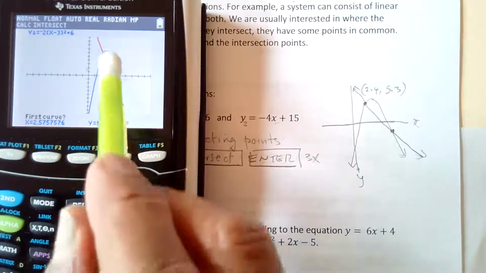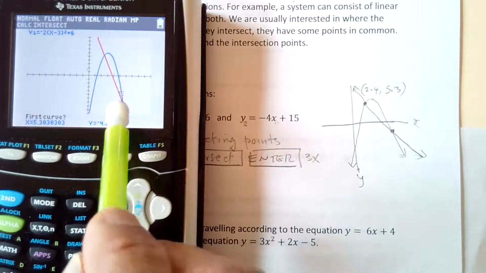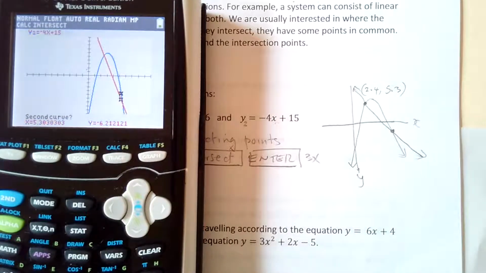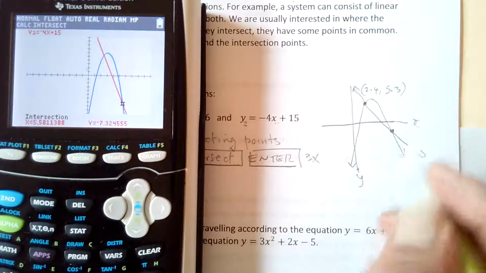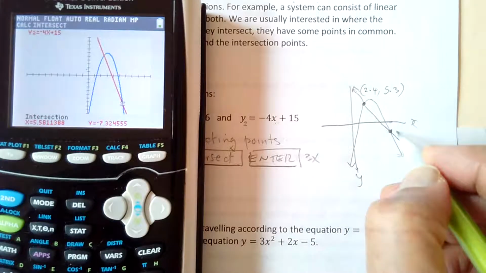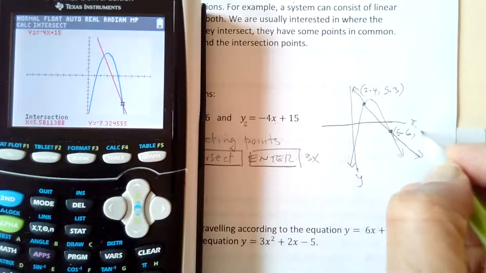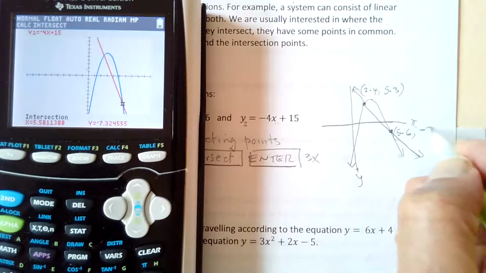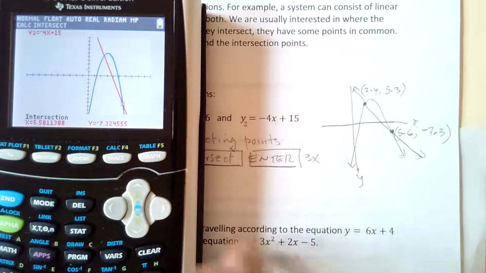Now I want to go below the x-axis, close to the other intersecting point. Then I press enter 3 times. And that's 5.58, negative 7.32. So approximately 5.6, negative 7.3.